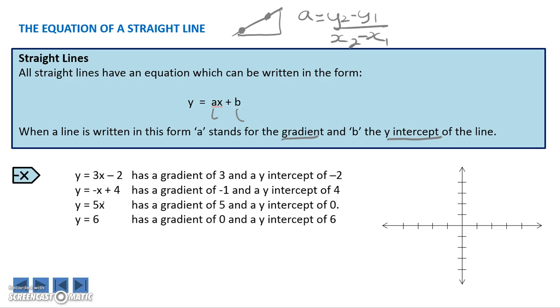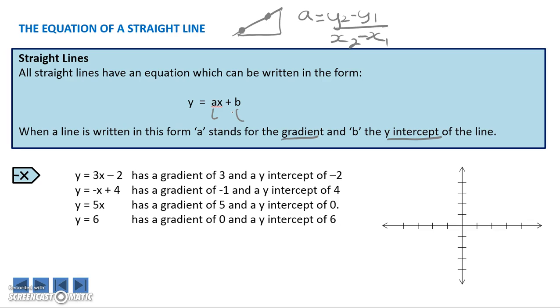So this is the general formula, and all straight lines can fit into this. And if you put your x term first and then your number term in that format, you'll be able to work out your gradient and your y-intercept.